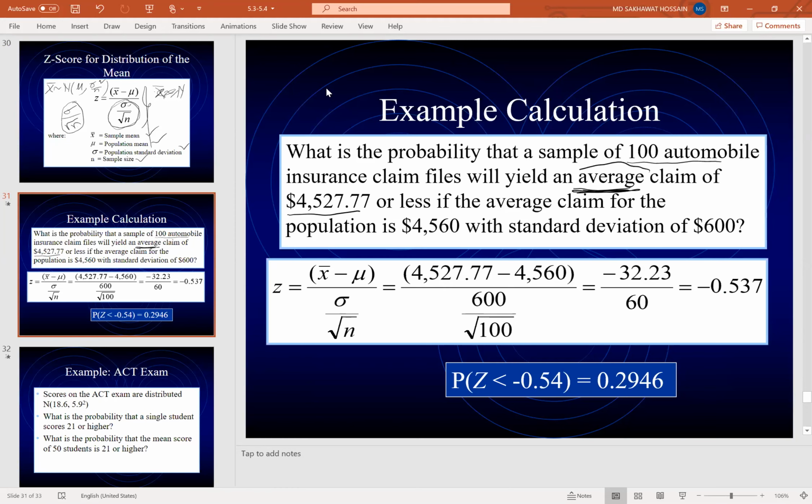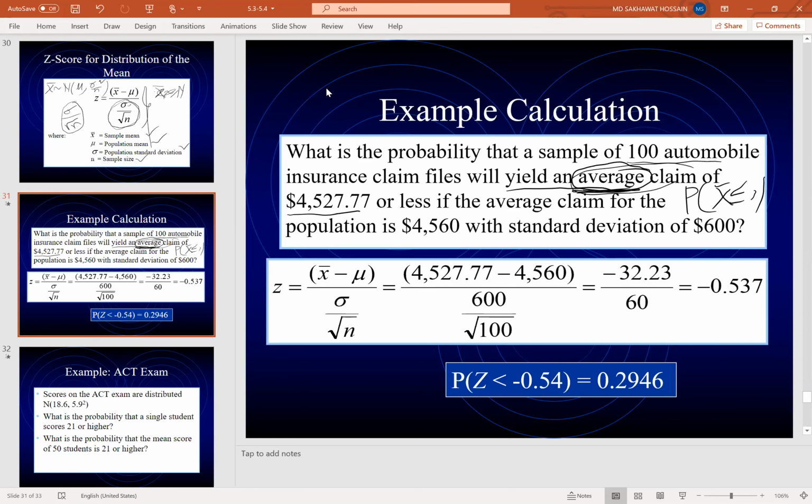So from this word, we'll come to know that this is the sampling distribution for mean, not just distribution for a single random variable, because we are looking for the probability for average claim. So what is the probability that a sample of 100 automobile insurance claim files will yield an average claim of this amount or less? That means we want to find the probability where x bar is less than or equal to this number.